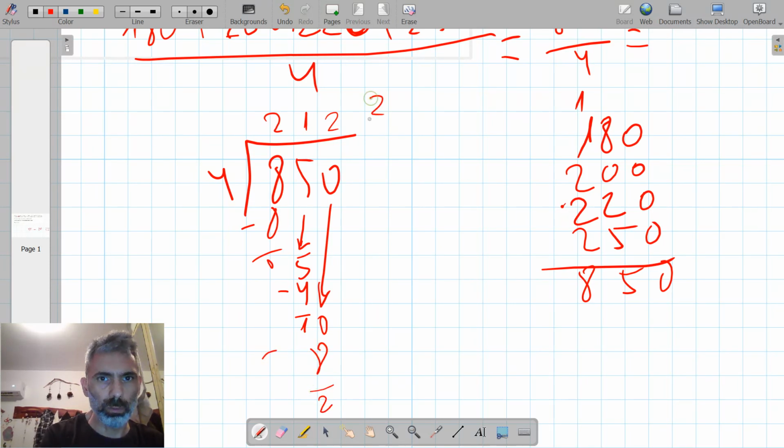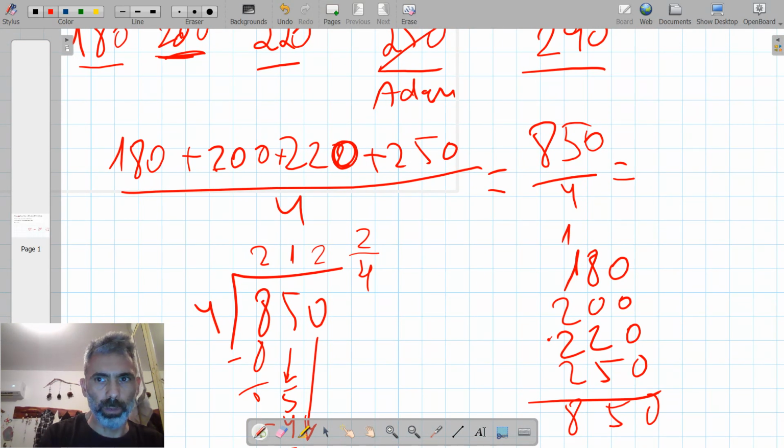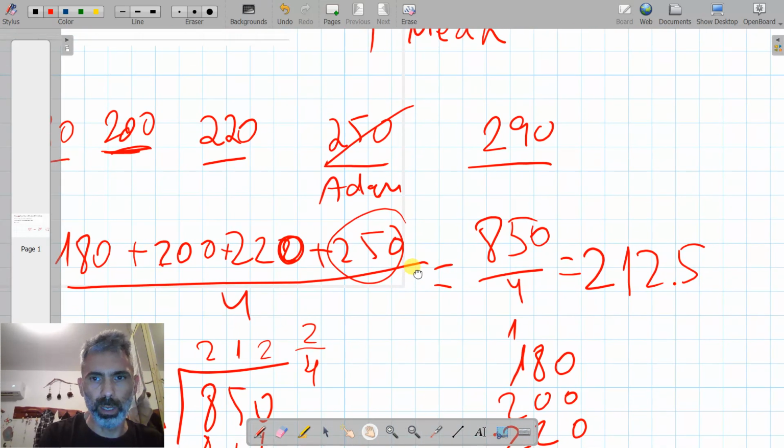So it's 212 and 2 fourths, or 212.5. 212.5 is the mean if we take into consideration Adam's first high score.